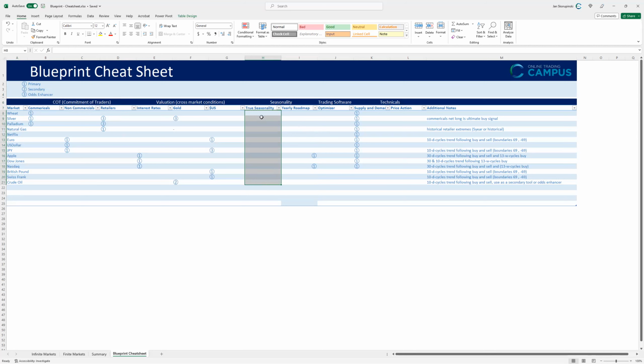Very rarely it will be a primary tool. It's only a primary tool when we have nothing else to work on, like in the case of natural gas, where the COT doesn't work and the valuation doesn't help us. So let's see if we can look at true seasonality to get at least a glimpse of what the future may have in store for us.